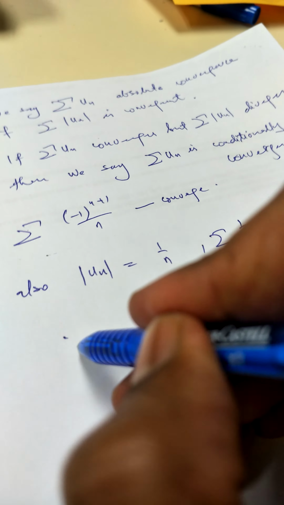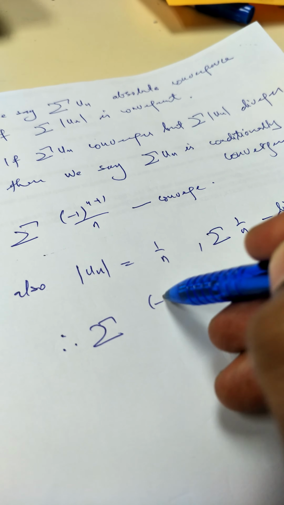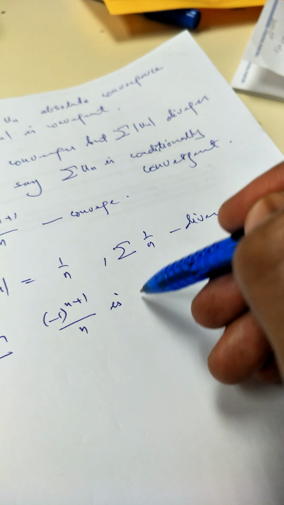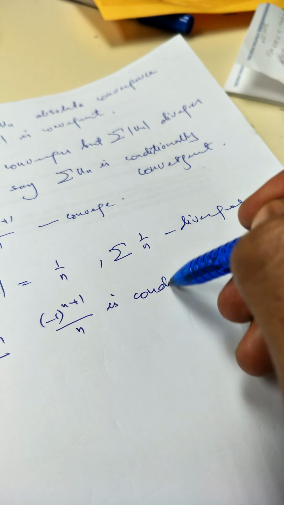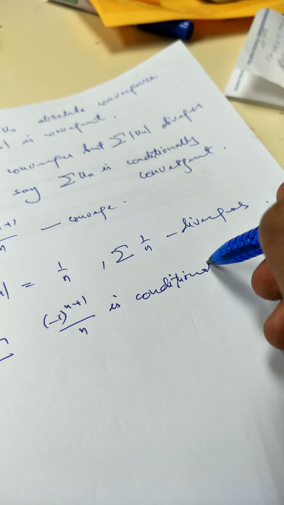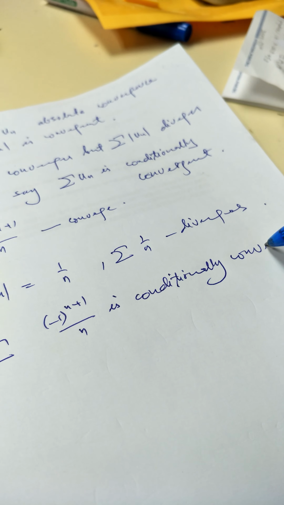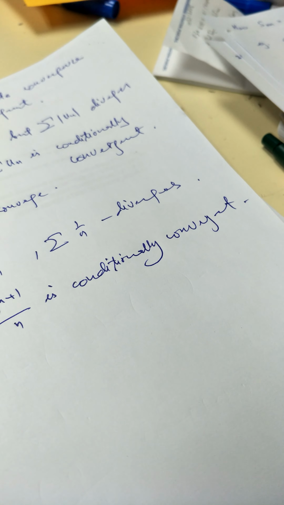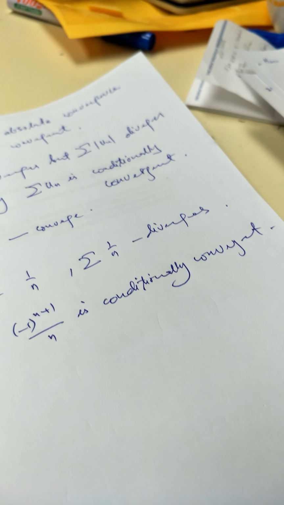Therefore, the series (-1)^(n+1) over n is conditionally convergent.